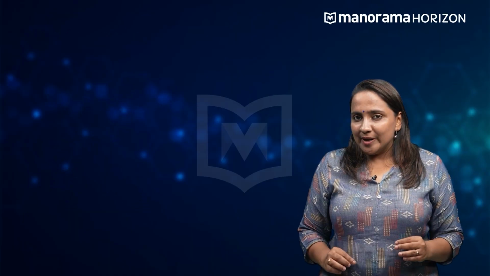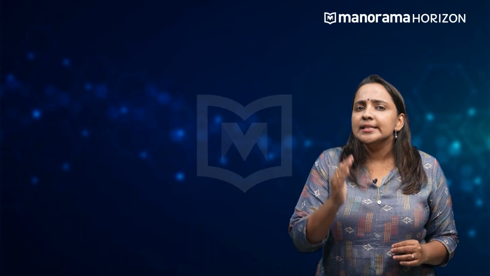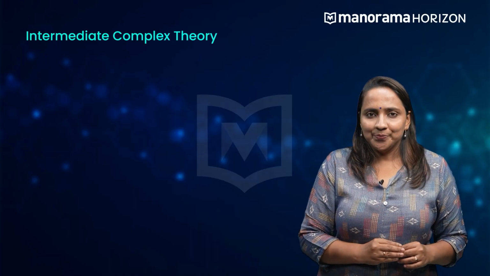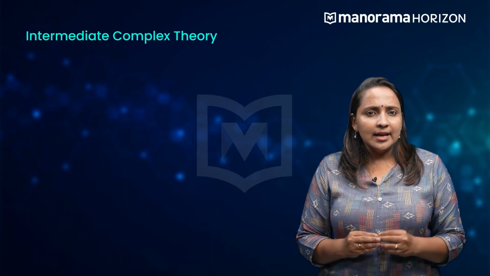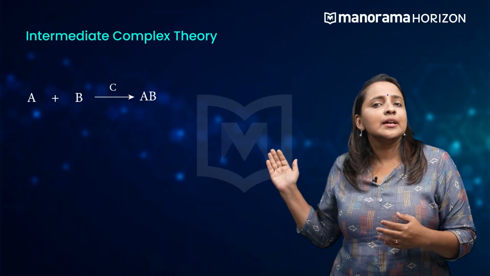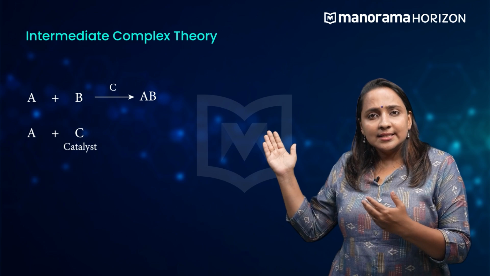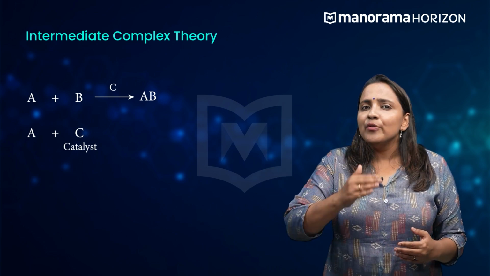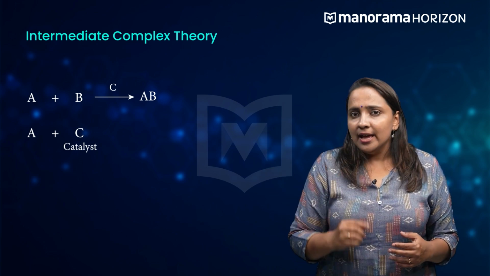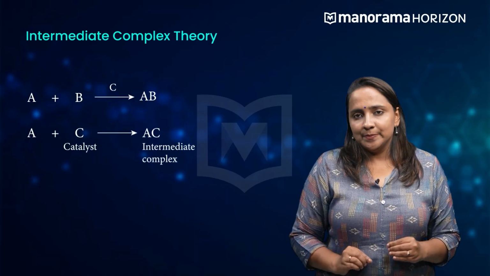Besides the above explanation, the action of catalyst can be explained by intermediate complex theory too. According to this theory, a catalyst can form temporary bonds with reactants. Here you can see catalyst C forms complex with one of the reactants A to result in an intermediate complex AC.